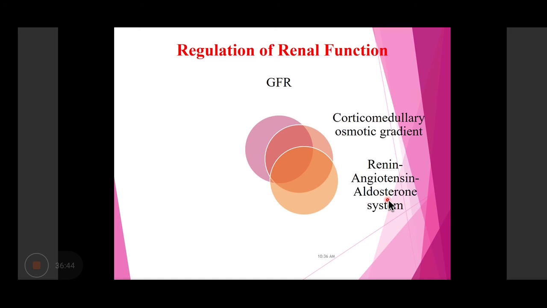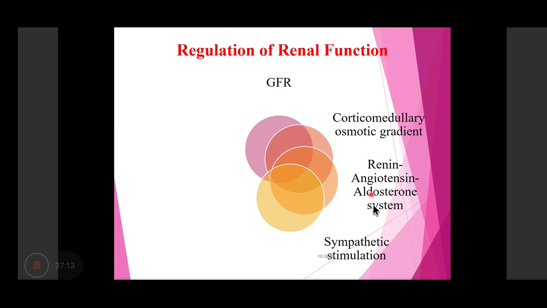So it controls the excretion of potassium. RAS is controlling the potassium excretion, and of course angiotensin 2 also has a role in the renal blood flow, in the afferent efferent arteriolar constriction, so all that.